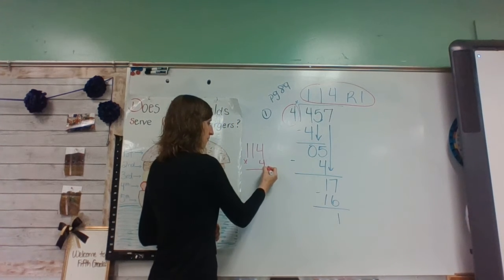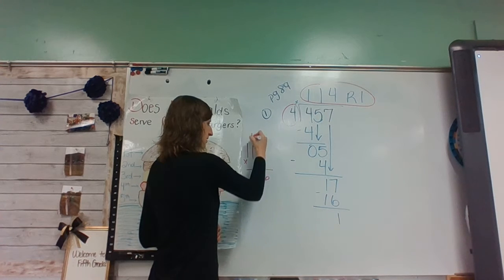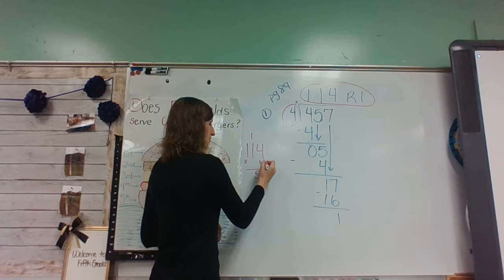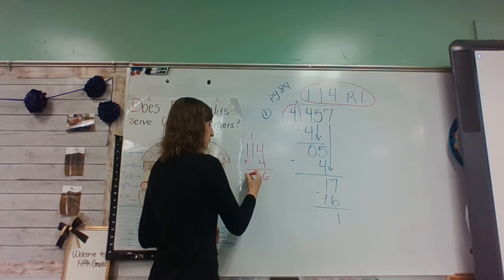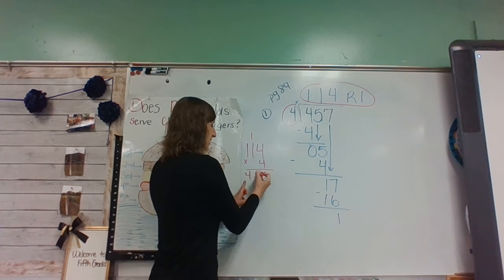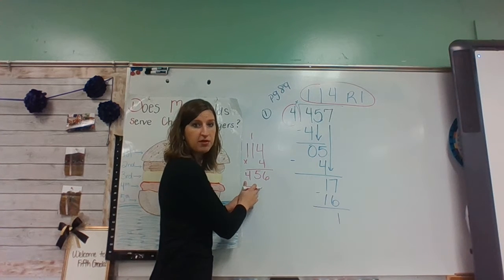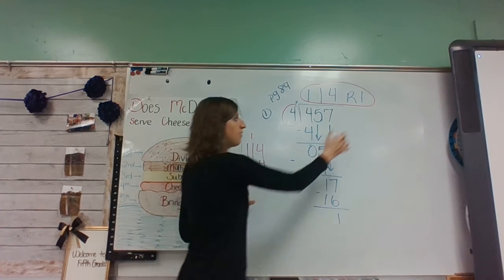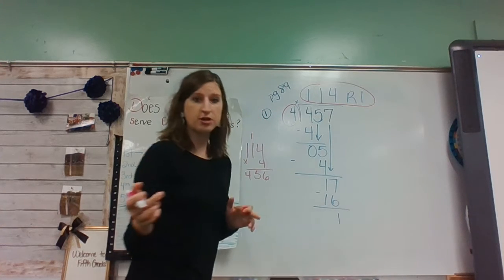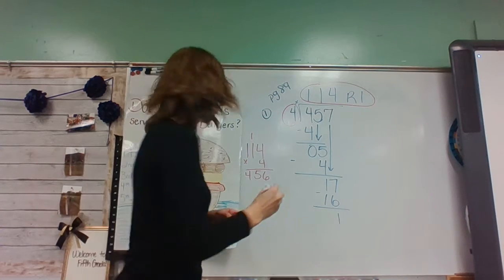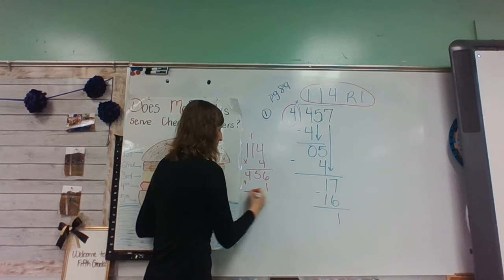Okay? 4 times 4 is 16. 4 times 1 is 4, plus 1 is 5. 4 times 1 is 4. Okay, I get 456. We were only thinking about the 114. Now I need to interpret the remainder. The remainder, you're going to add on. We had a remainder 1. We're going to add 1.